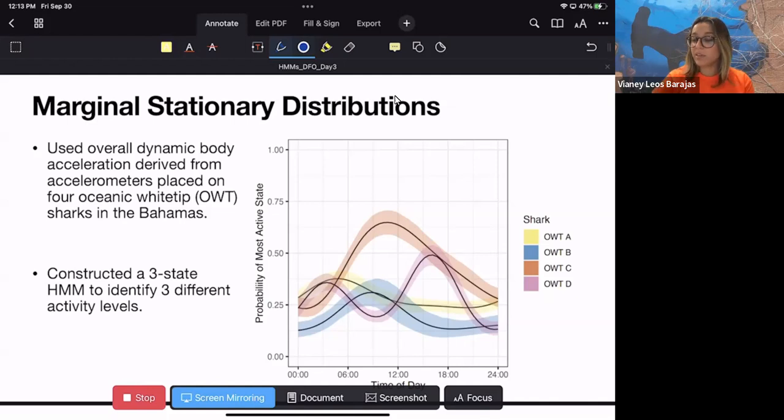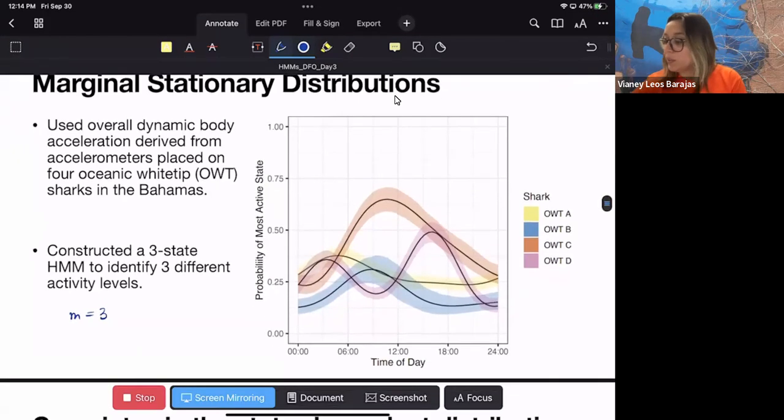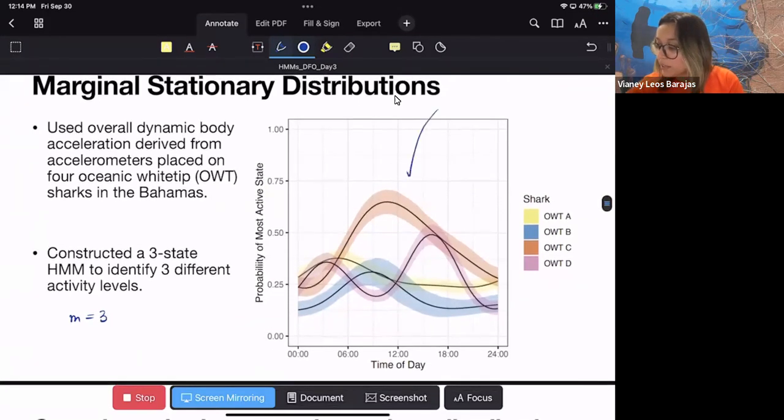We have, for example, when m equals 3, one state that seemed to reflect the most active periods of these sharks. So state 3, for example, here. And what this plot is then giving us are these marginal stationary probabilities.